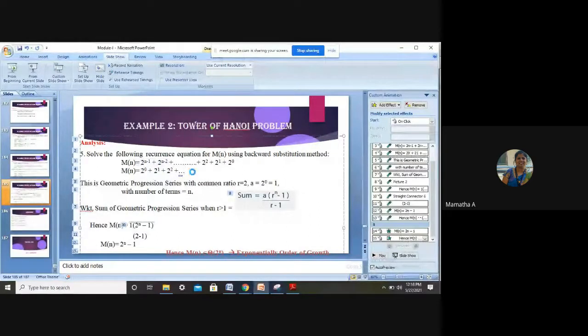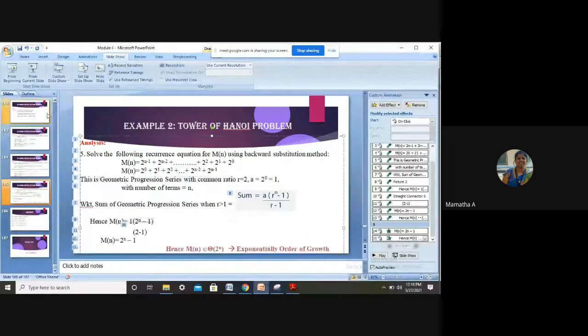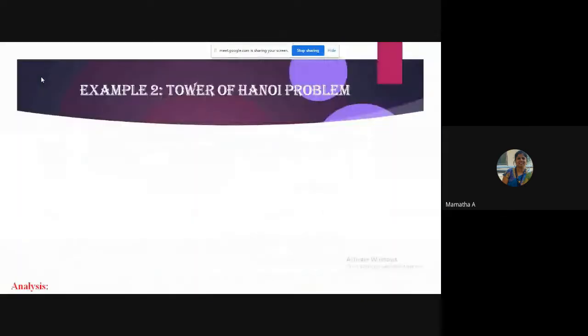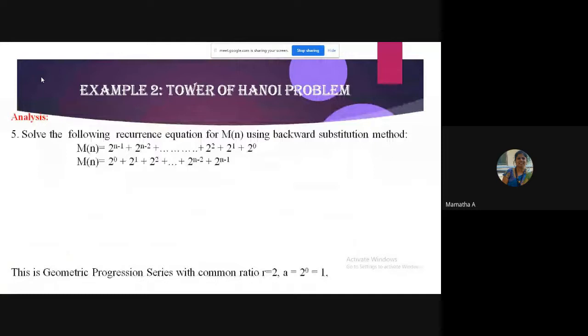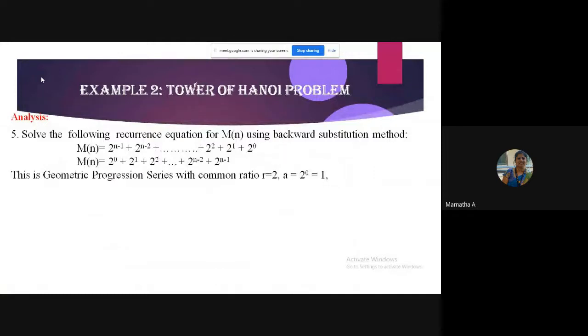What are your last terms here? This is n minus 2 and this is n minus 1. If you find it difficult, you can have this as your equation, just in the reverse way I have written. Now what is the number of terms here, students? That is also required. How many terms are there?